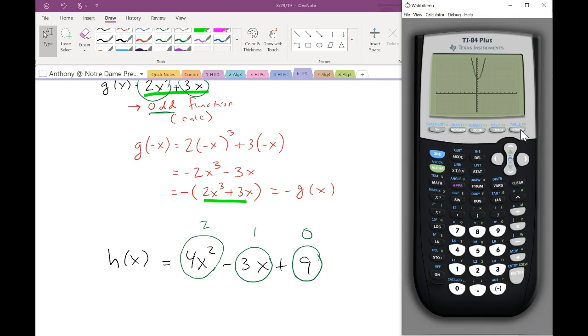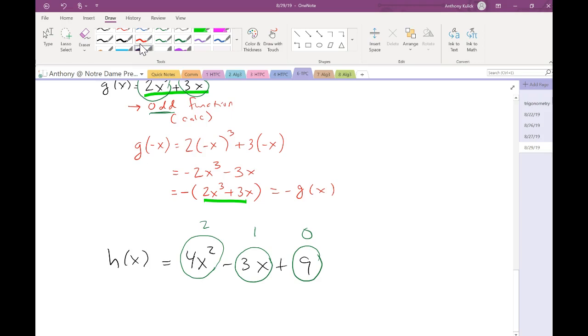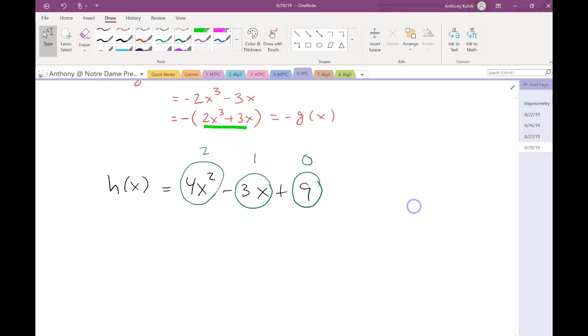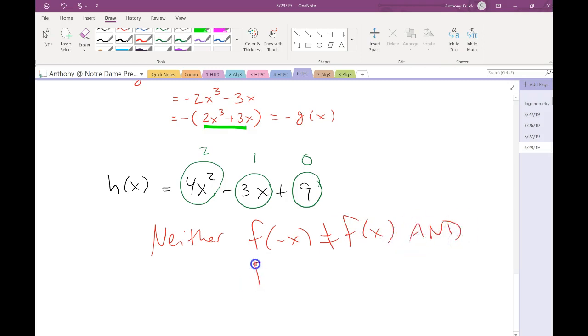If we try to do this algebraically, what are we going to need to show for neither? We have to show that f of negative x is not equal to f of x, and f of negative x is not equal to negative f of x.